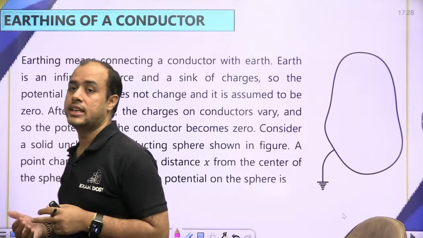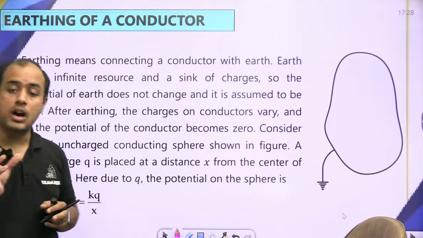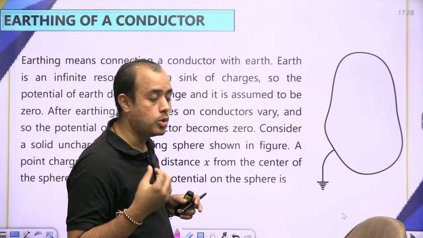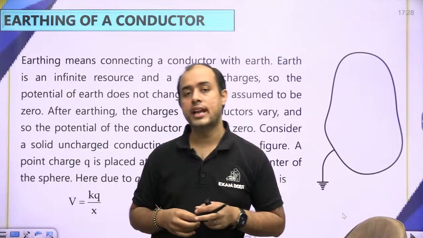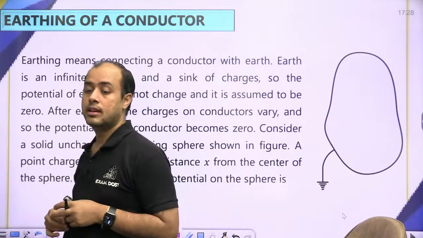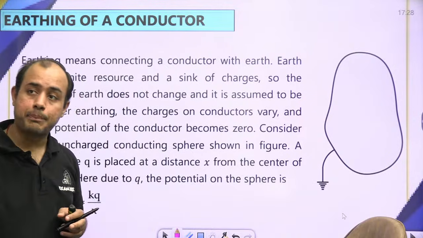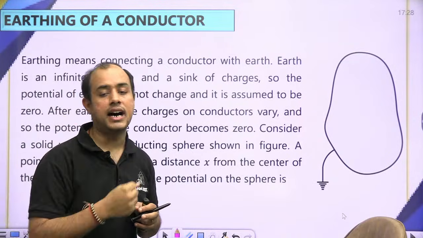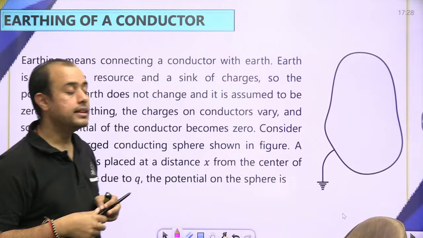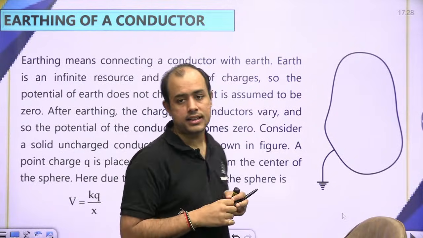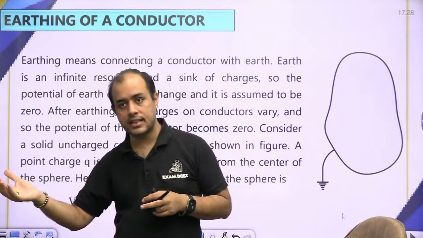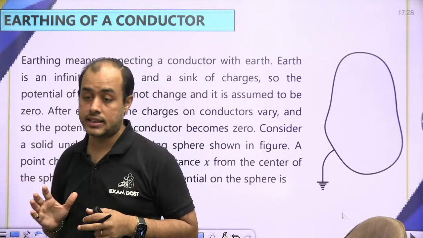Therefore the potential is zero. So whenever you earth a conductor, you are forcefully making the potential of the conductor zero. Now earth can supply or take the charge away from the body. जब आप एक बॉडी को अर्थ से कनेक्ट कर रहे हो तो अर्थ उसे चार्ज दे भी सकती है और उससे ले भी सकती है.